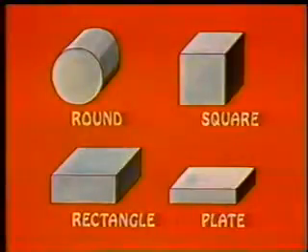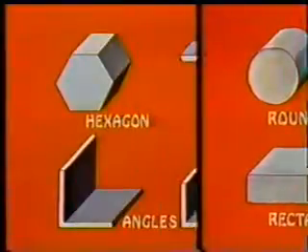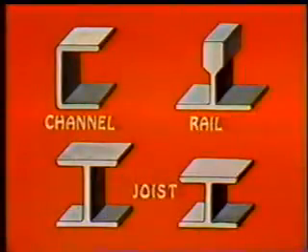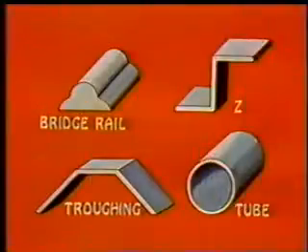These sections are round, square, rectangle, plate, hexagon, T, angles, channel, rail, joists, bridge rail, Z, troughing, tube, etc. These sections find a variety of applications ranging from structural members of buildings to structural members of automobiles and aircrafts.